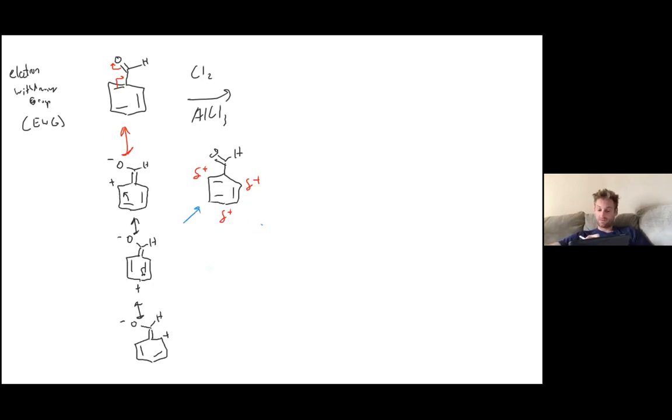When we have this meta director here, now we'll have the same thing happen. AlCl3, or I guess AlCl5. So Cl, this complex will generate... we're going to have our ring attack at the meta position now because it doesn't have a positive charge built up on it.